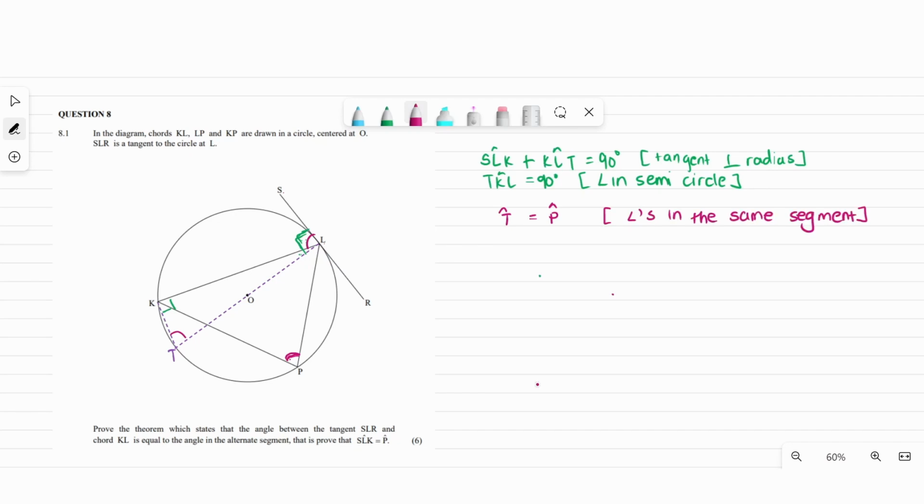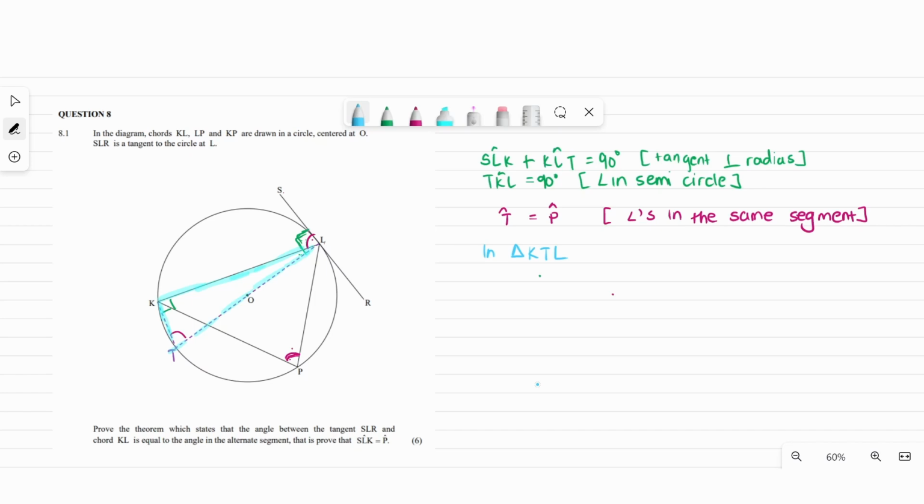So now what do we need to do? We need to find a way of linking these two together to actually prove it. So what can I take? I can take this one that I'm going to highlight as a triangle. In triangle KTL, what do I know? I know that the sum of all angles is equal to 180 degrees.